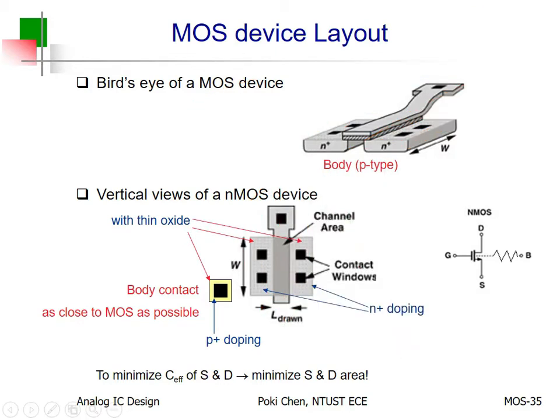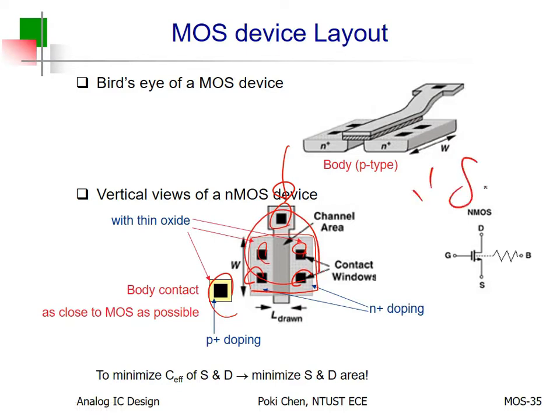Okay, so this is the poly gate. We have poly contact. And then you have source and drain area, right? You have source contact, you have drain contact. And then where is the body contact? As I told you, as close to the MOSFET as possible.